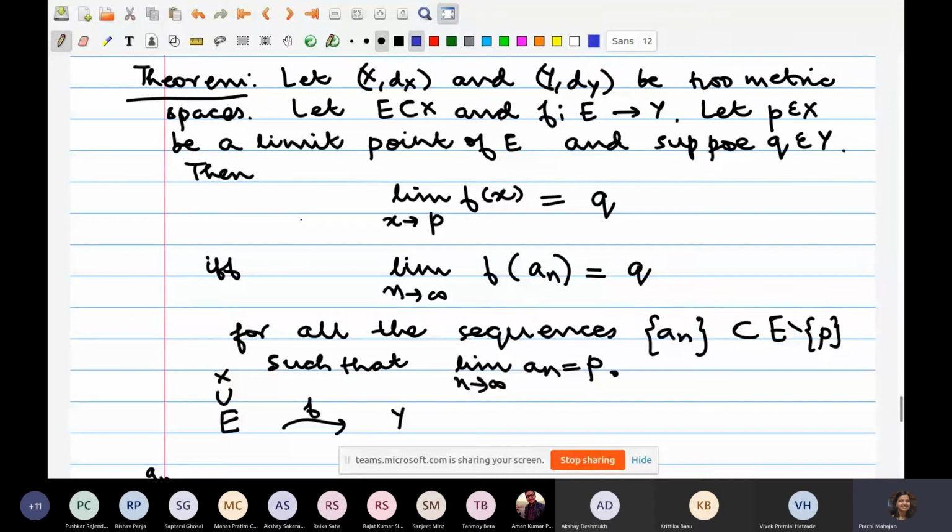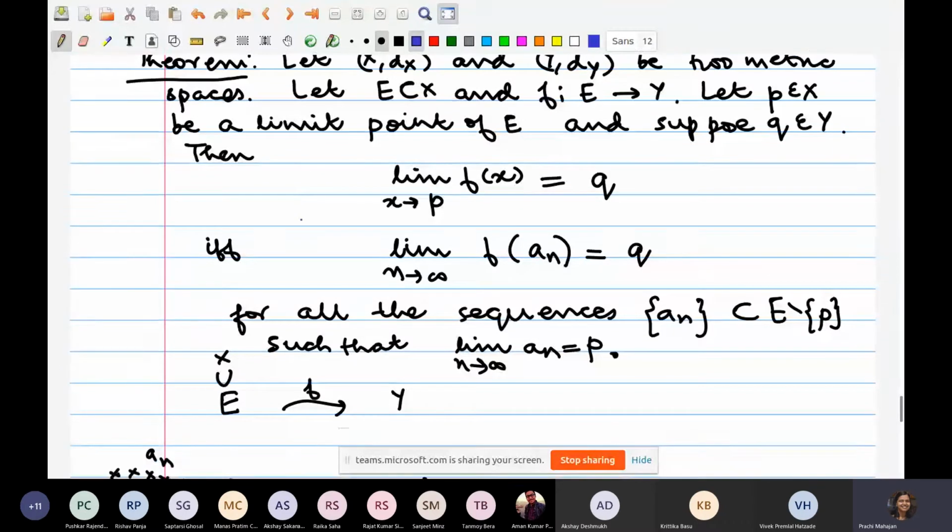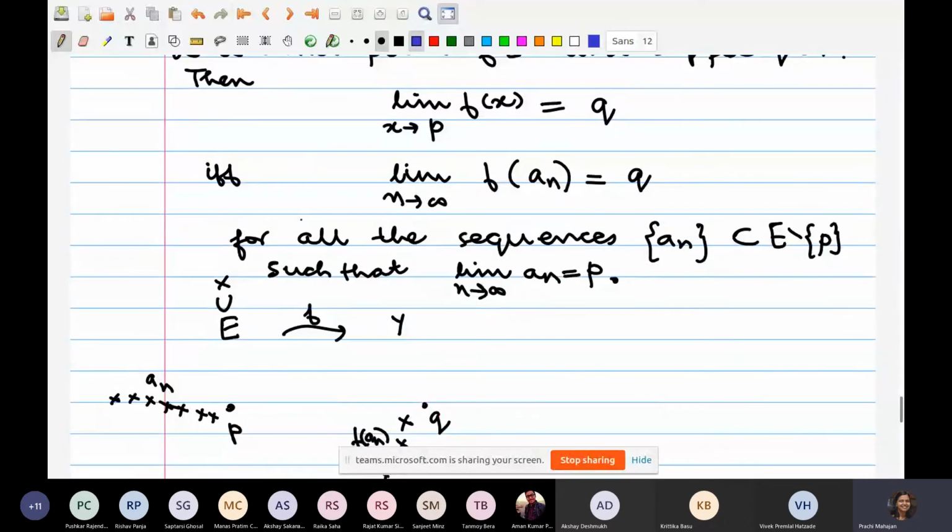Now we are looking at the converse part. So we are under the assumption that the limit of f of an equals Q for every sequence an of points in E such that an tends to P. And we are required to prove that the limit of f of x as x tends to P exists and equals Q. So we are saying suppose not, and that's how we are progressing.